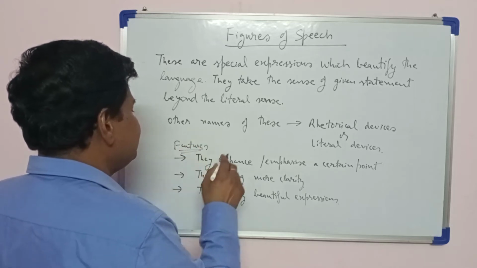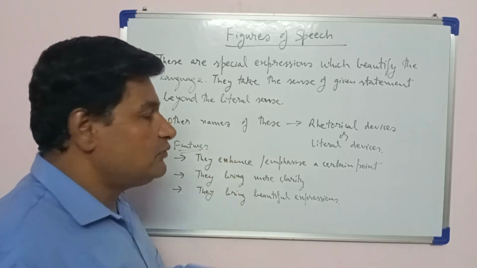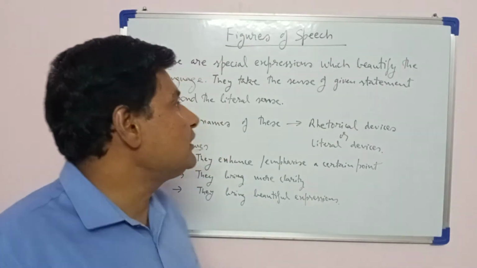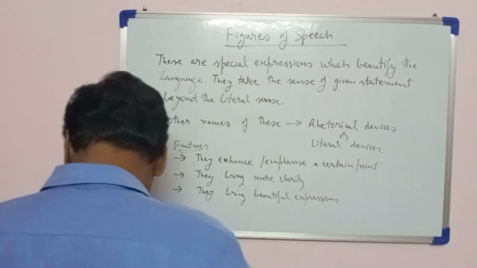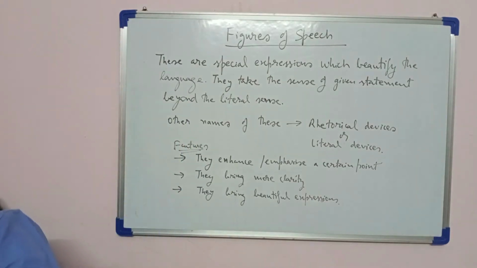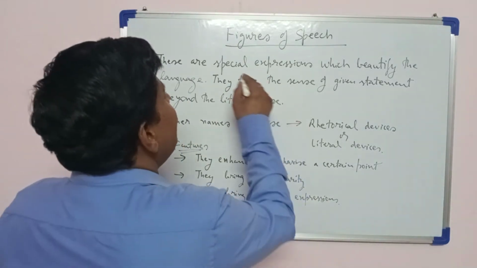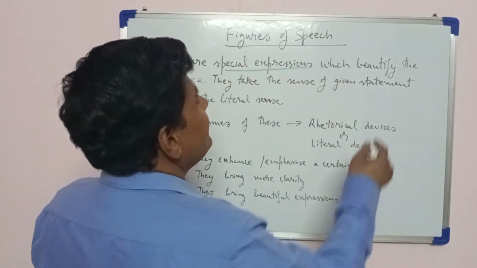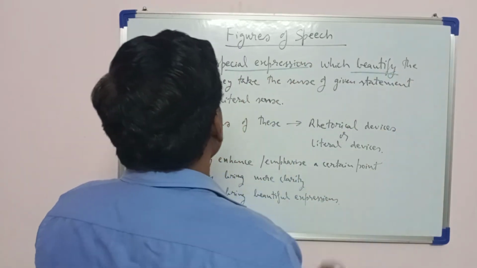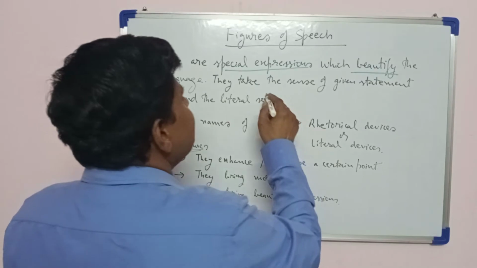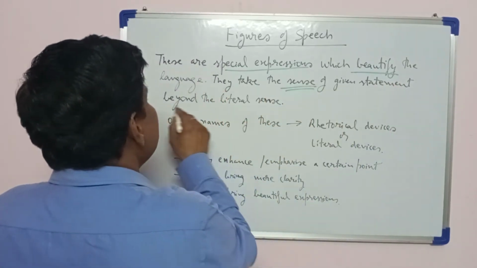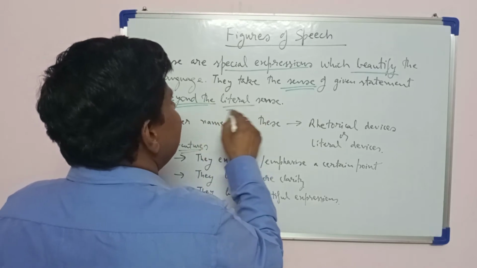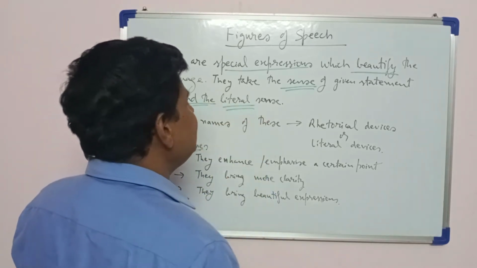These are the features. Now before we proceed further in the topic, you just understand what are figures of speech. These are special expressions. These beautify the language. They take the sense of given statement beyond the literal sense or literal meaning.